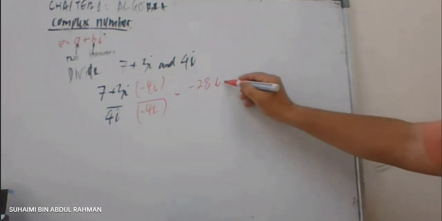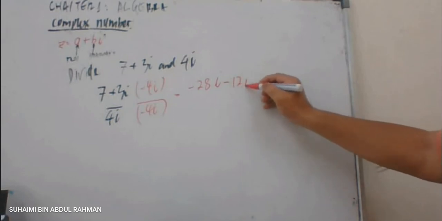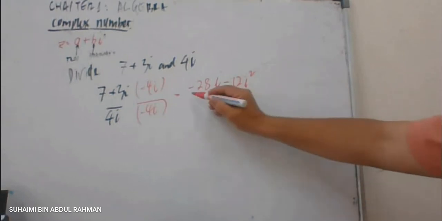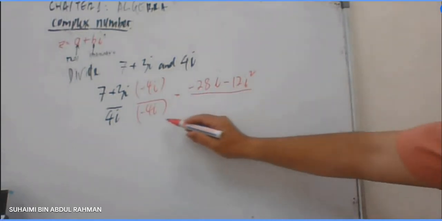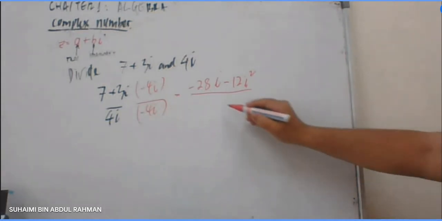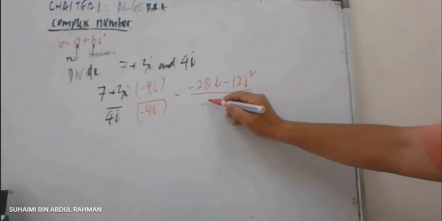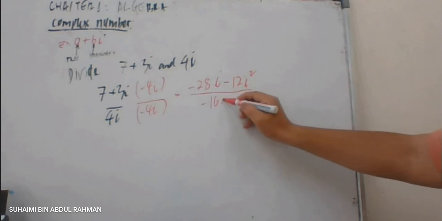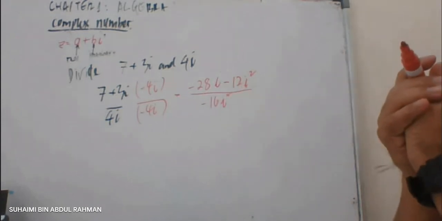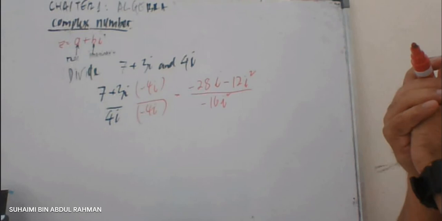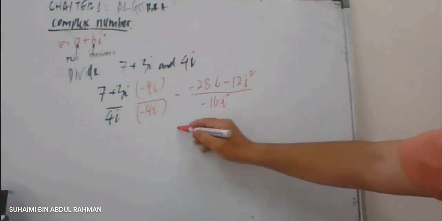Negative 12i power of 2, i square, divide by negative 16 power i square. Change i power of 2 to negative 1.